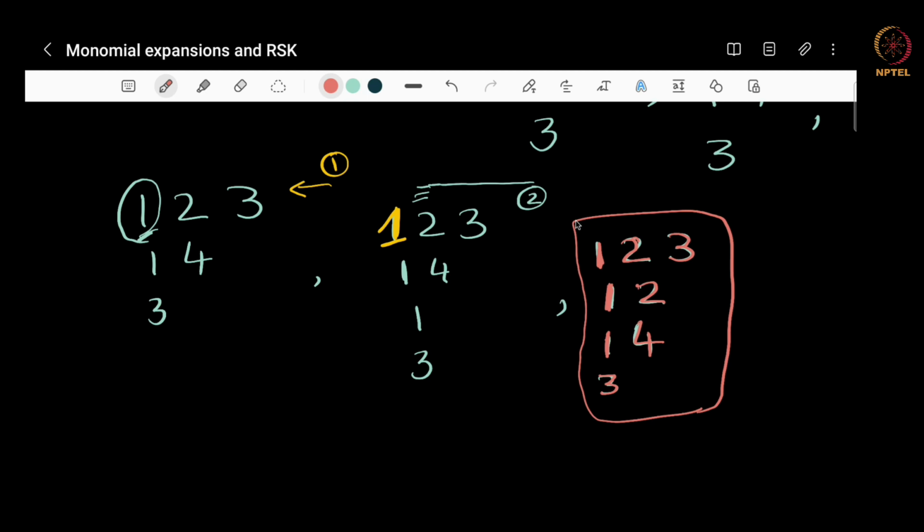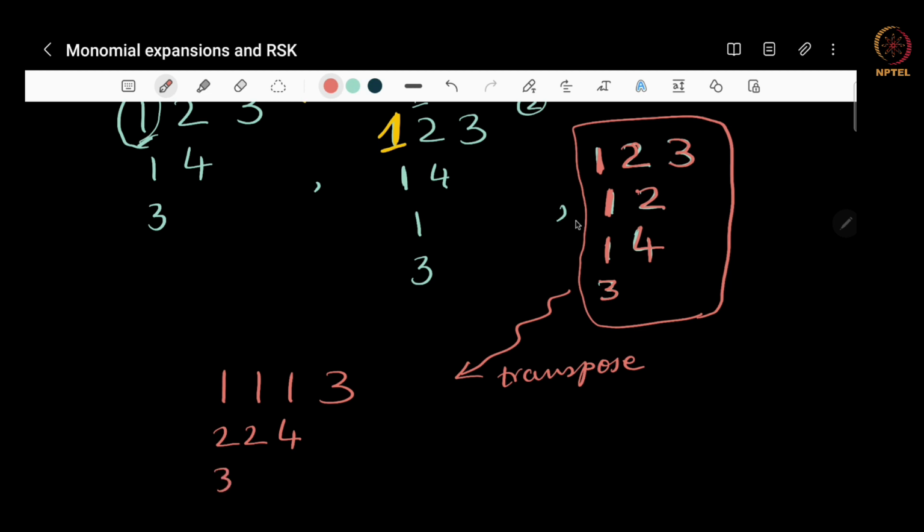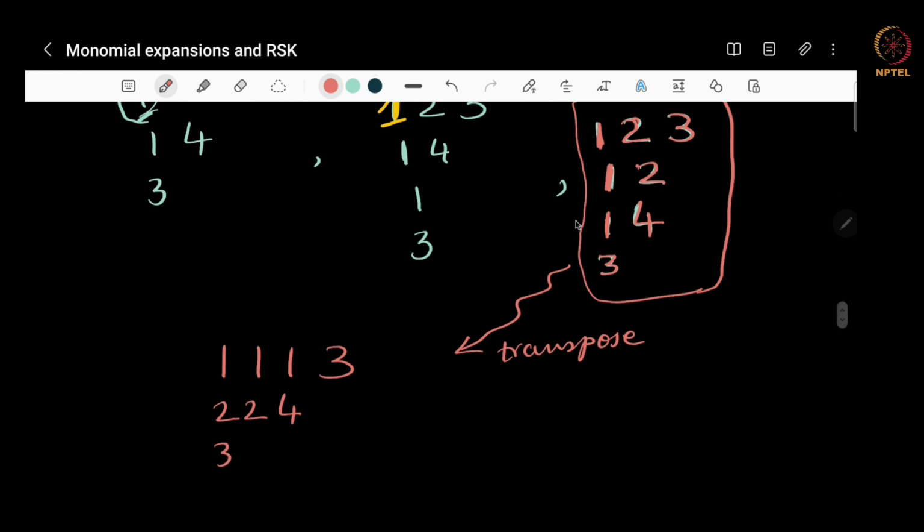But instead of giving it a new name, the easiest thing one can do is to say, well, instead of taking this, let me just do the following. Let me just transpose this tableau. In other words, I will interchange the role of rows and columns. I will write my first column as a first row, second column as the second row, third column as a third row. And when I do this, what I get is in fact an ordinary semi-standard tableau.